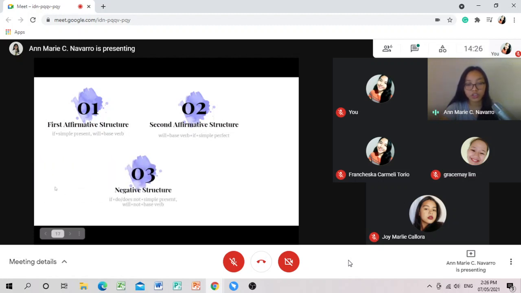The third structure is the negative structure. The structure is if plus do or does not plus simple present, comma, will plus not plus base verb. Or the other structure earlier, if plus do or does not plus simple present, comma, will plus base verb, or will plus not plus base verb if plus simple present.